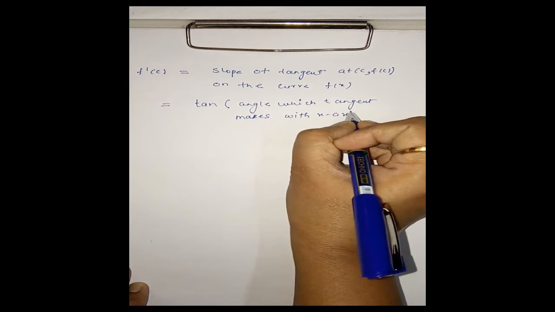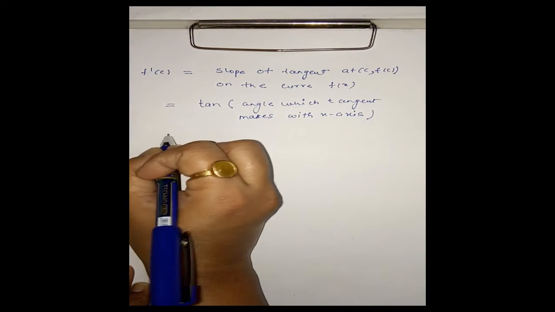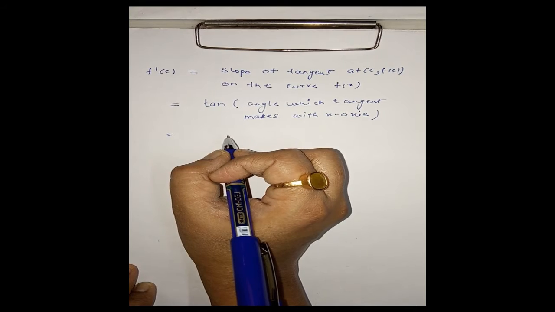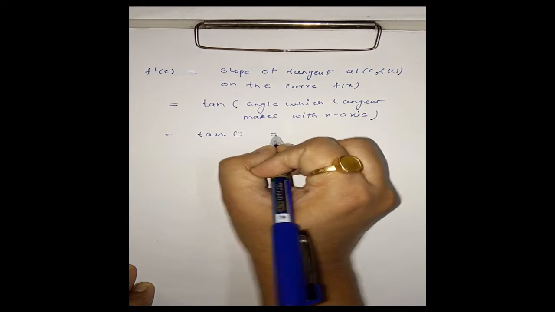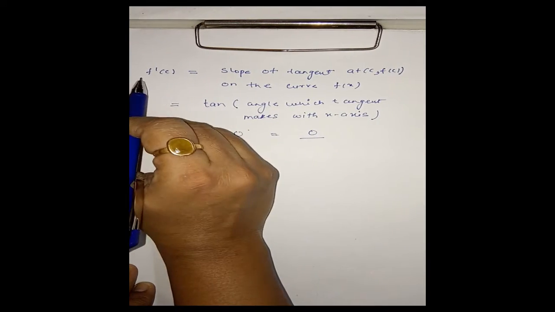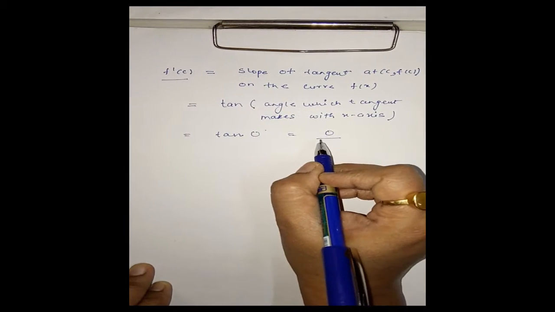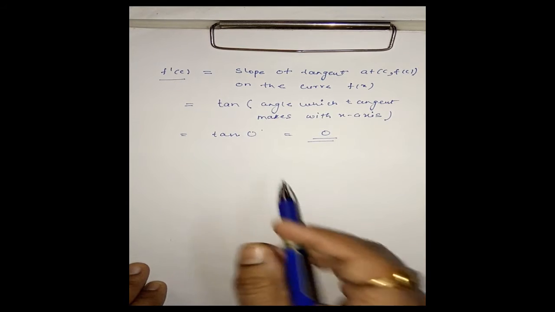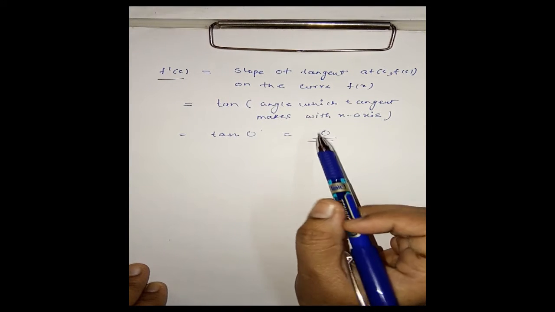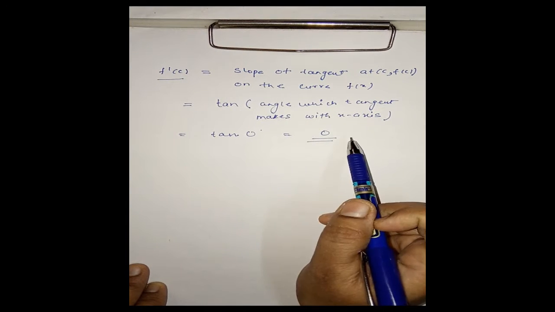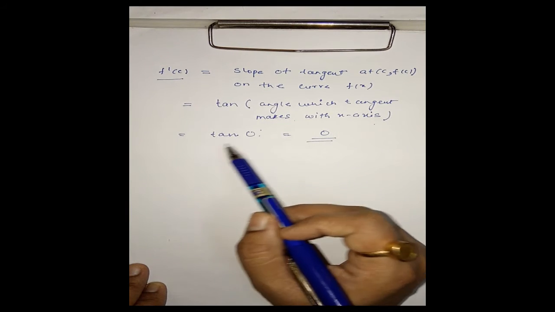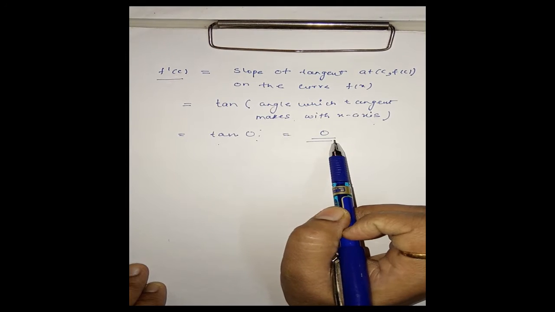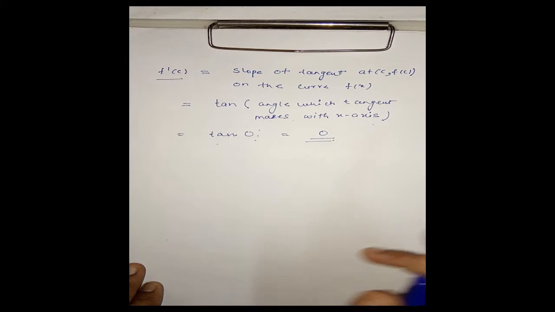Now since the tangent is parallel to the x-axis, the angle with the x-axis will be 0, and tan of 0 is 0. This is the conclusion of Rolle's theorem: f dash c is equal to 0, since the tangent is parallel to the x-axis, as is clear from the graph. Hence f dash c is equal to 0.